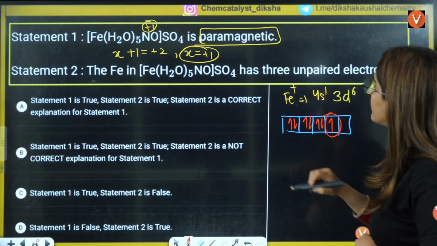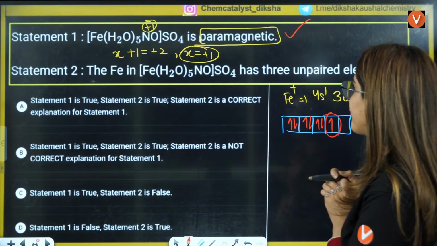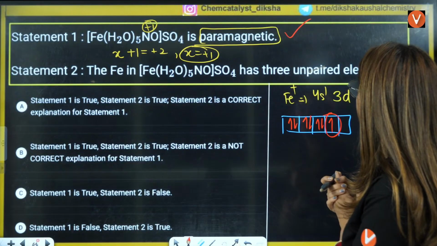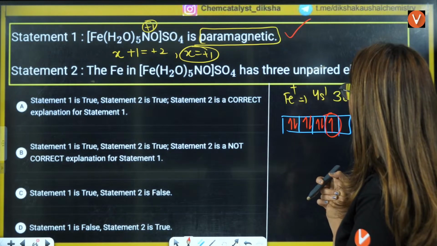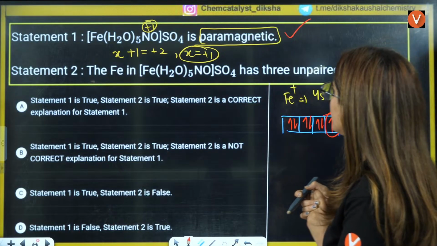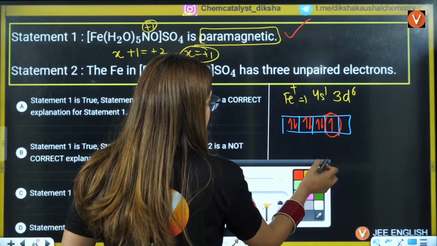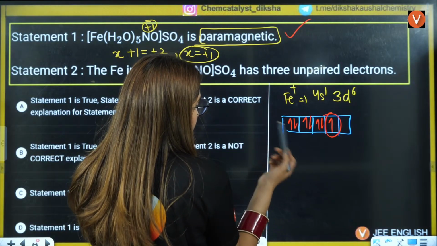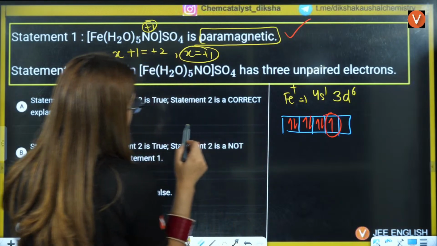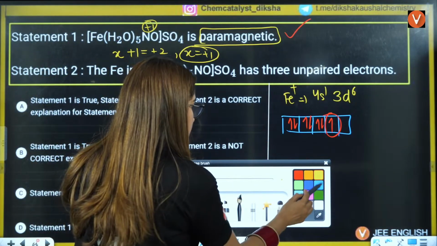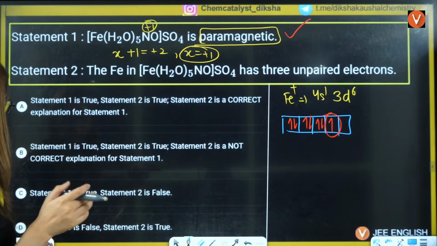Definitely it has one unpaired electron, so it is paramagnetic, right? Then Fe in this has 3 unpaired electrons. Is it? Wait a minute. If you are going to pair them up, wait a minute. Let me see.